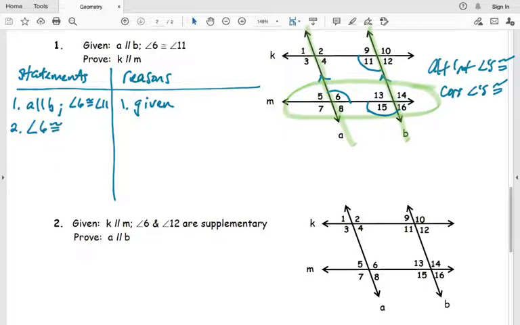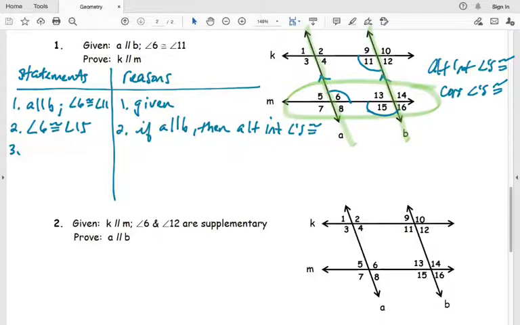Angle 6 is congruent to angle 15, and that's because if A is parallel to B, then alternate interior angles are congruent. All right, so next, I can now relate 15 and 11. I mean, I know if 6 is congruent to 15, then 15 also has to be congruent to 11.